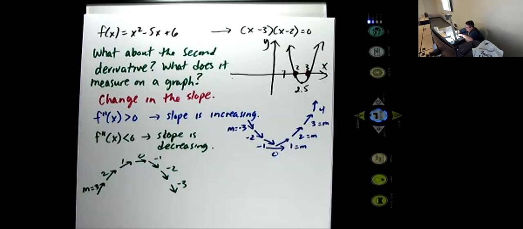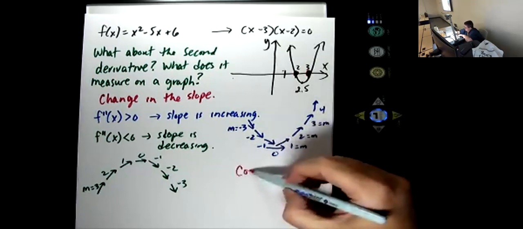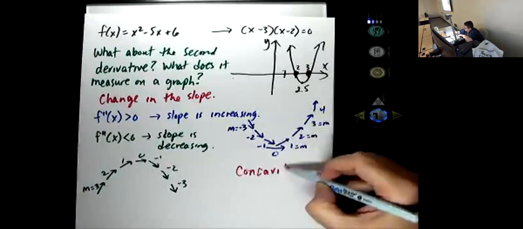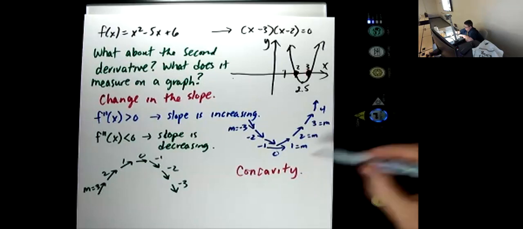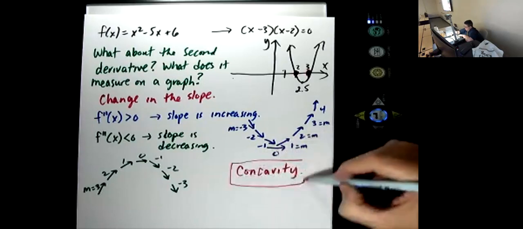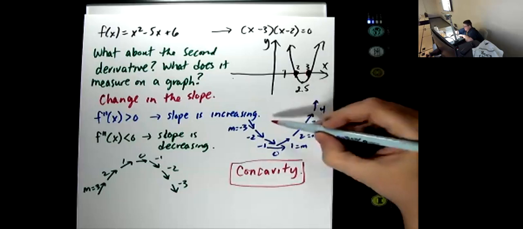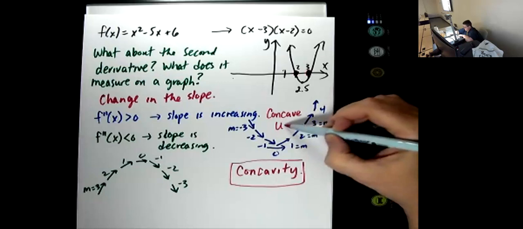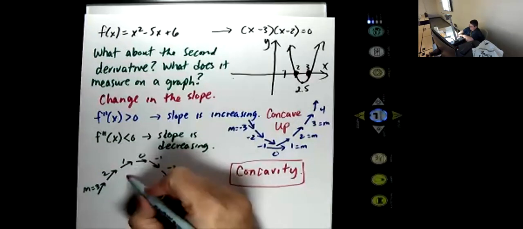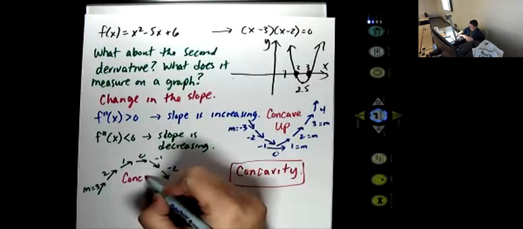This is called concavity. Where the slope is increasing, this is called concave up. And where the slope is decreasing, this is called concave down.